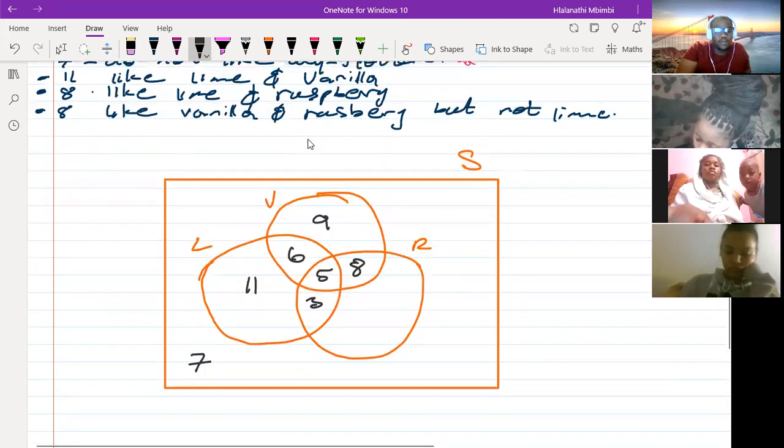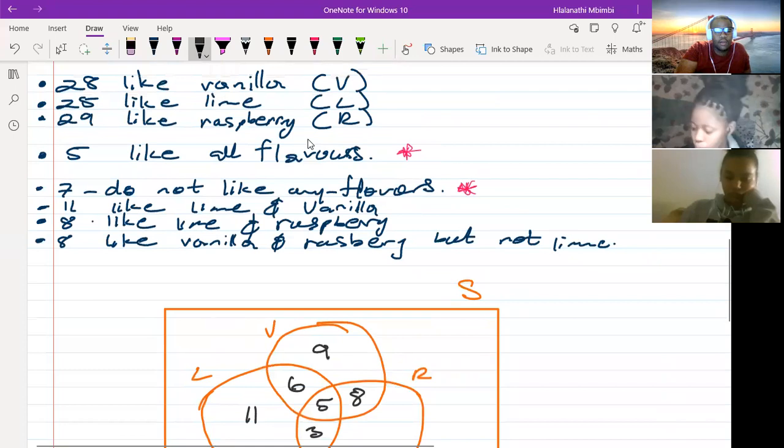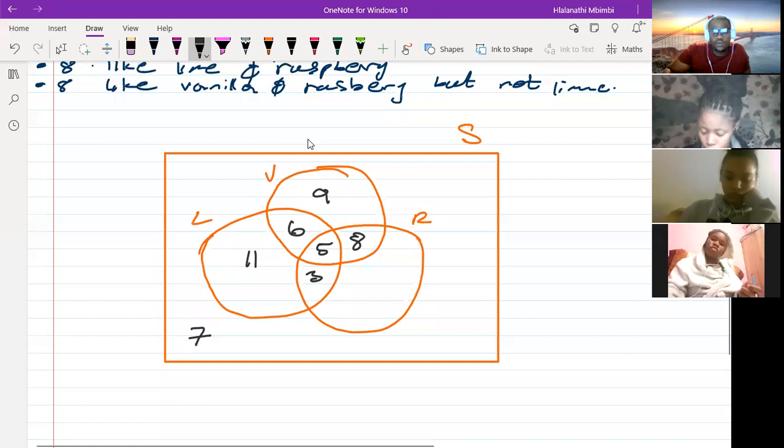And people who like raspberry were 29, so we're going to have to subtract those as well. So for raspberry, we are going to get, you want to ask?